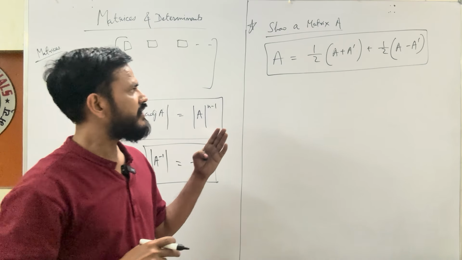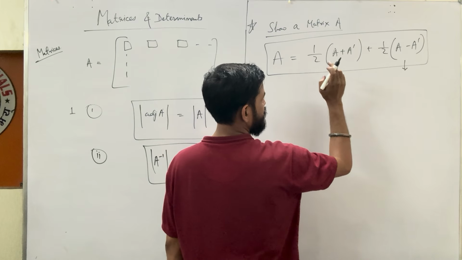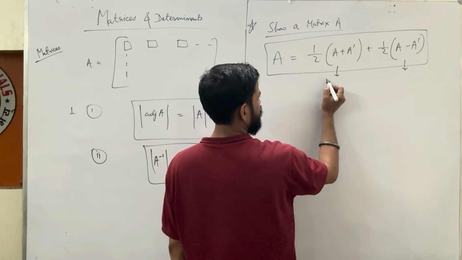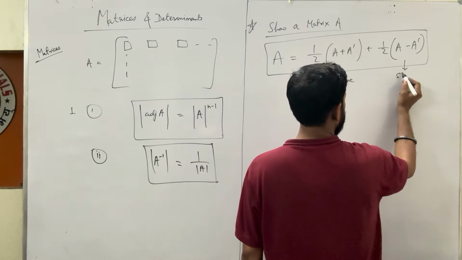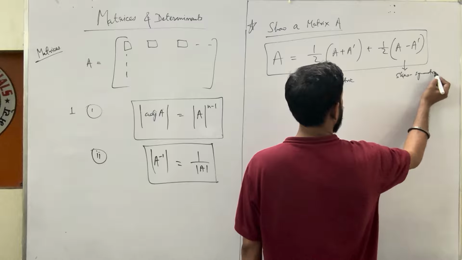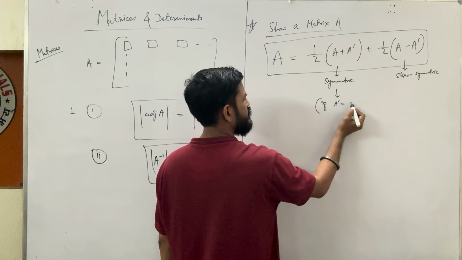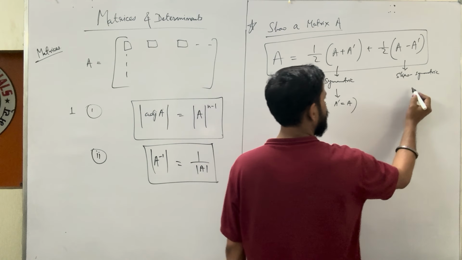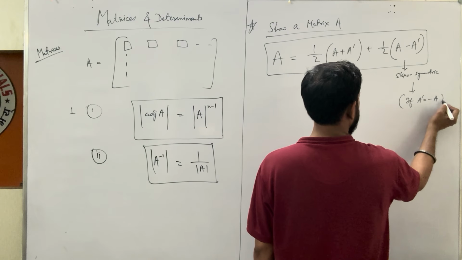You need to express it as sum of symmetric and skew symmetric. So this part is symmetric and this is skew symmetric. And to remind you what is symmetric matrix, if A transpose equal to A, it is symmetric, and if A transpose equal to minus A, it is skew symmetric.